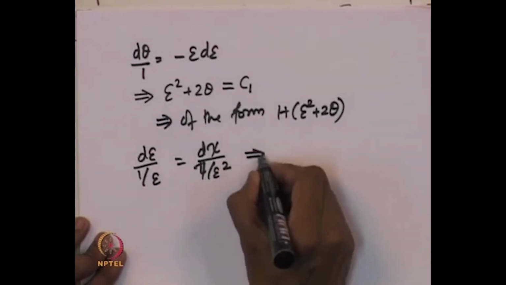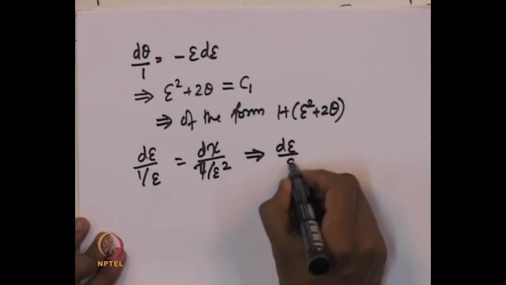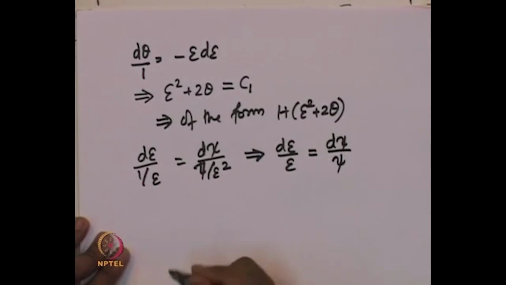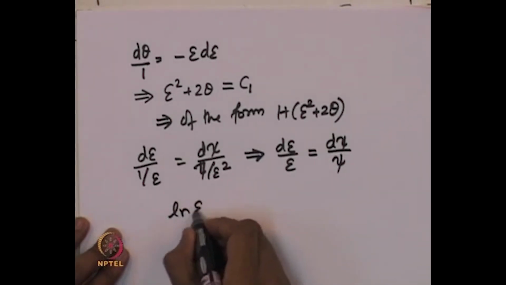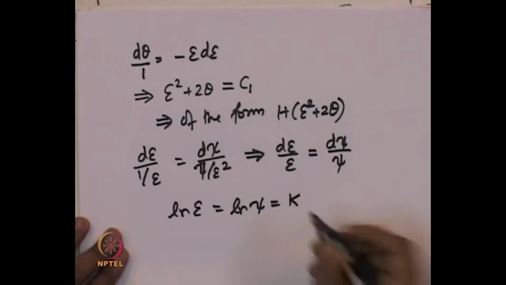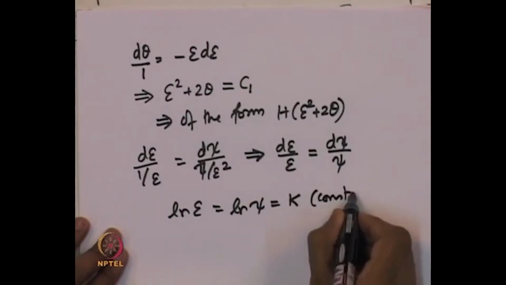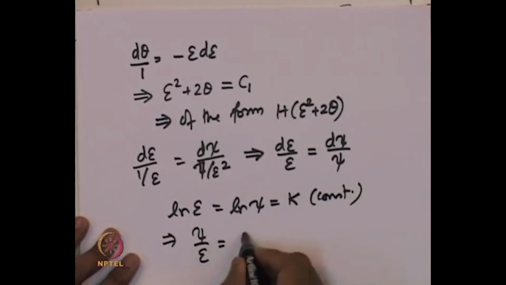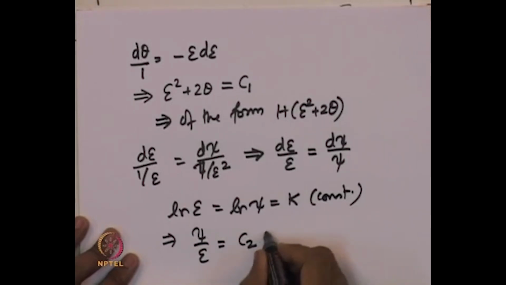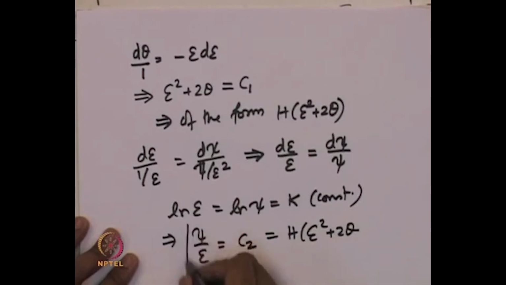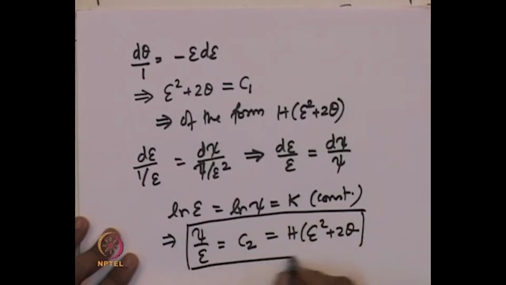This can be rewritten as d epsilon by epsilon is equal to d psi by psi, which can be solved to obtain ln epsilon equal to ln psi plus some constant k. So, from here we can find that psi by epsilon is nothing but some constant C 2, and that can be equal to h of epsilon square plus 2 theta. So, that is the functional dependence.